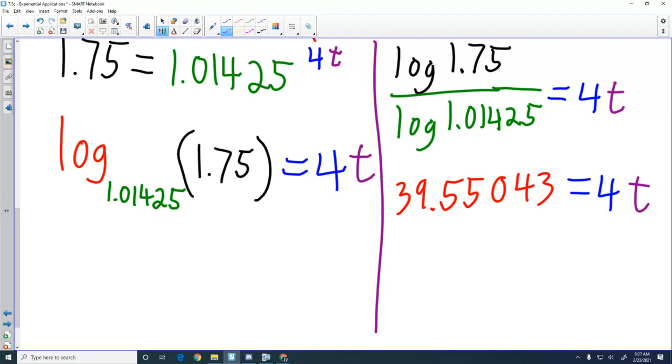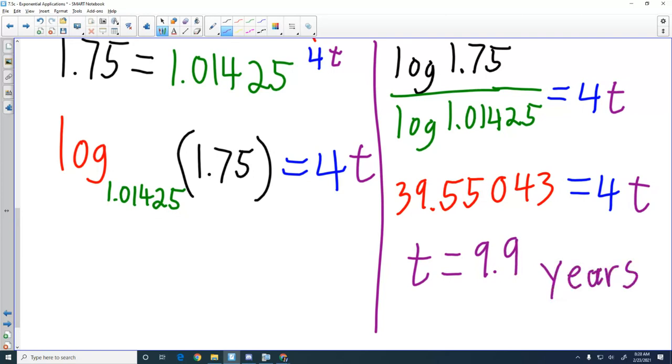What's my last step? To get the t by itself, divide by 4, and we see that t equals 9.9, this would be like years.